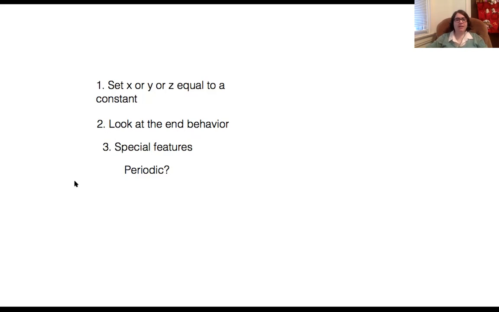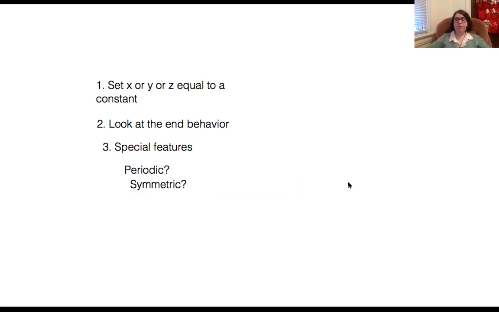And if it is periodic, what's the amplitude? Does it change over time? Do my waves get bigger or smaller, or do they stay the same? So there's lots of features to a periodic graph that I can think about. What should they be for my specific equation? In addition to looking at if it's periodic, I can also look at, is it symmetric? Is there some kind of symmetry going on?